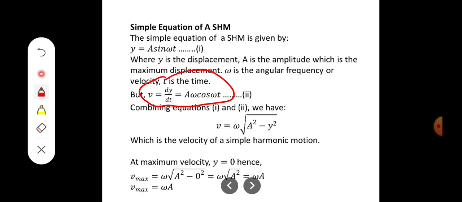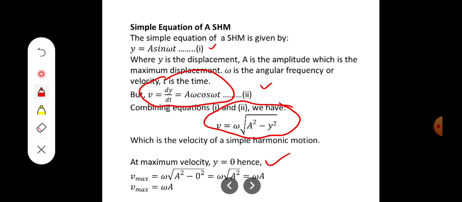If we combine the two equations together, equation 1 and equation 2, you are going to have v equal to omega root a squared minus y squared, which is the velocity of a simple harmonic motion. Don't forget that. Note that at maximum velocity, y is equal to 0.